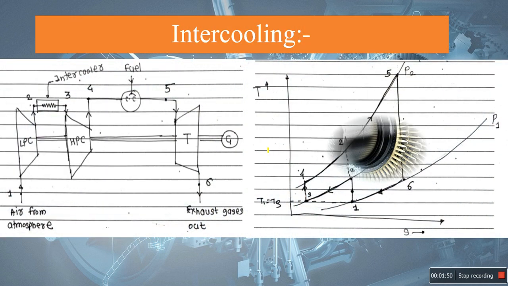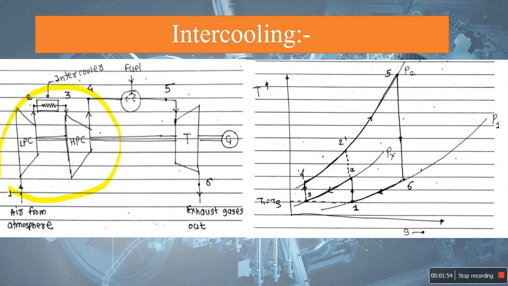In intercooling, we know that the power developed by the turbine that is consumed by the compressor is around 55 to 60%. So to improve the overall plant efficiency, the overall work done of the turbine increases only if we reduce the compressor work. This is possible when, rather than compressing the gas in a single stage, we compress it in two stages.